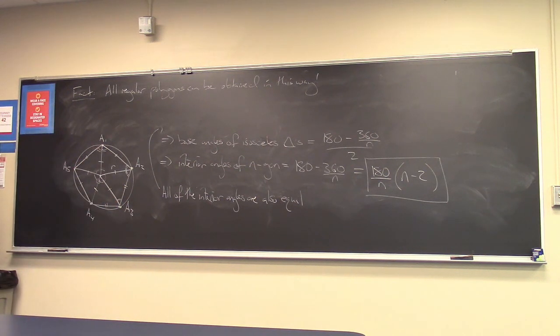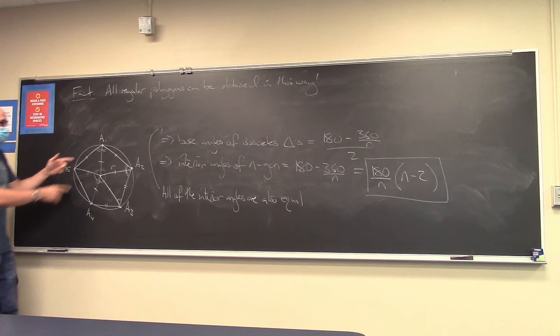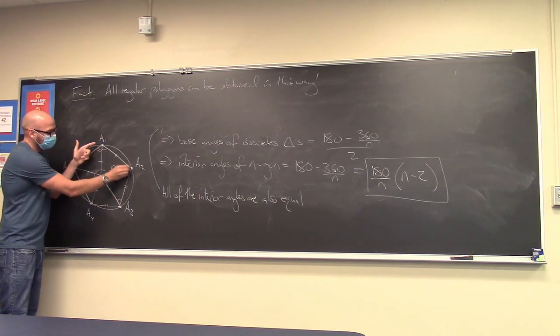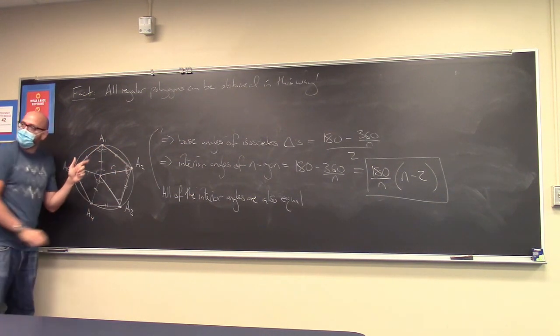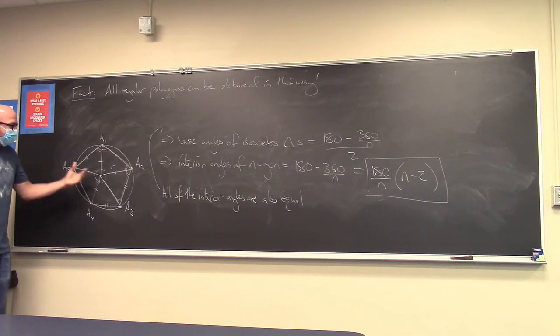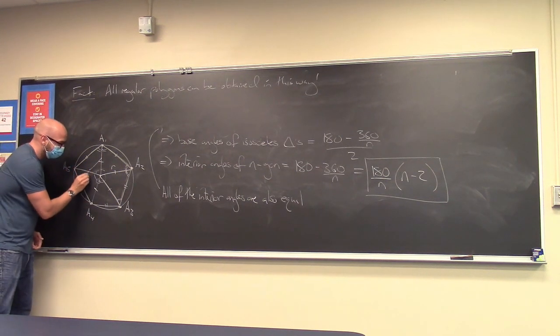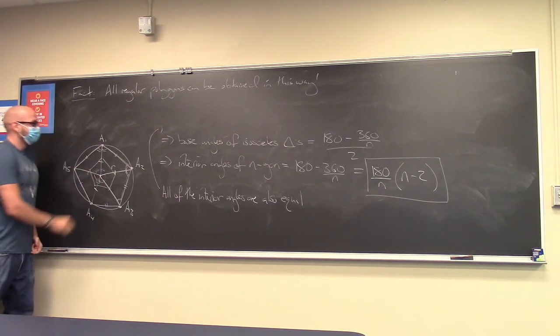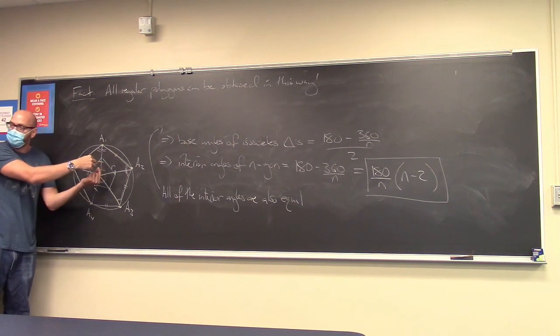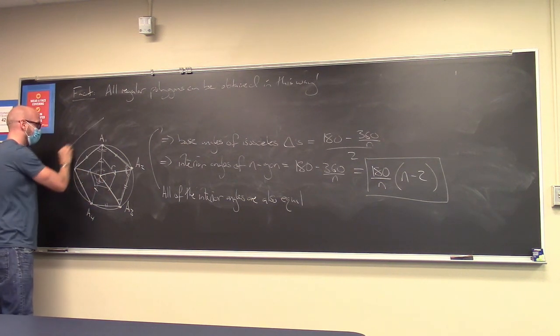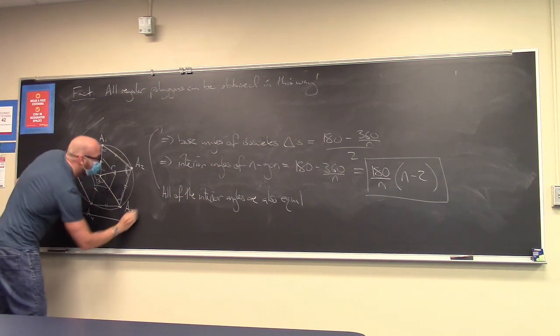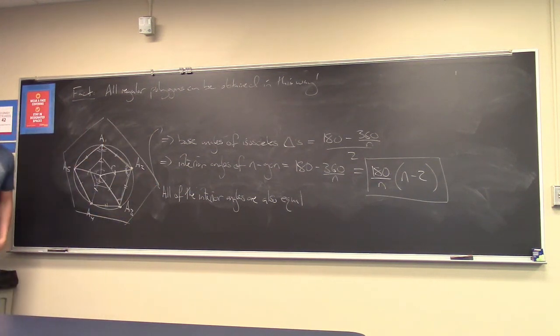What's the only difference between all regular pentagons? Only difference between all regular pentagons would be the side lengths of the pentagons, right? And it's not too hard to see that I can get smaller pentagons just by shrinking the radius of the circle. Right? And I can get bigger pentagons just by increasing the radius of the circle.